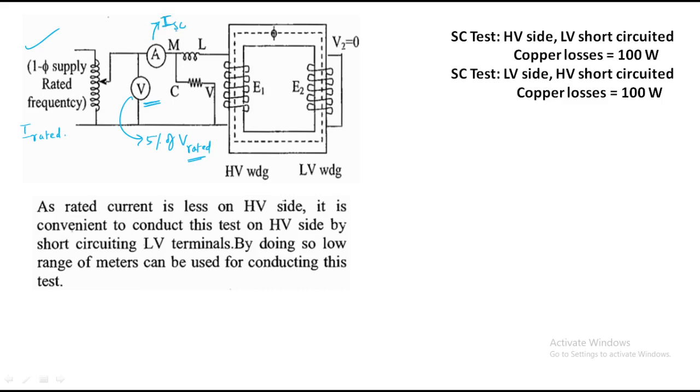This is the calculation of ISC. We are going to obtain the rated current by varying the supply voltage, and this is the wattmeter, which shows what? Copper losses.